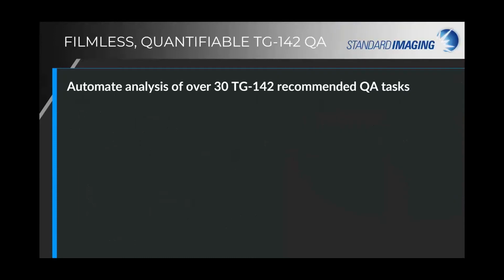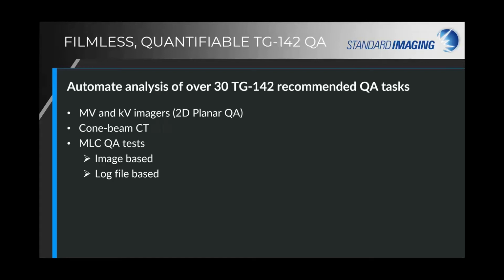But today I want to talk about our filmless and quantifiable TG-142 QA, our PIPS Pro software. It's automated analysis of over 30 TG-142 recommended tasks, including 2D planar QA for your MV and KV imagers, cone beam CT. We have MLC QA tests, both image-based and log file-based tests.